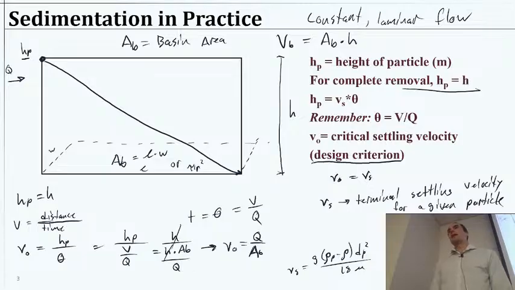Now what's interesting here is you'll notice that the height doesn't actually matter. It feels like that's the one thing that should matter because that's how far the particle has to travel, right? So it feels pretty counterintuitive, but it's the flow rate given some area. And again, if you stop and think about it, if I were to pour out my liter of water on a table, and let's say it had a little track keeping it on the table, if it's a narrow table, it goes a little fast, right?